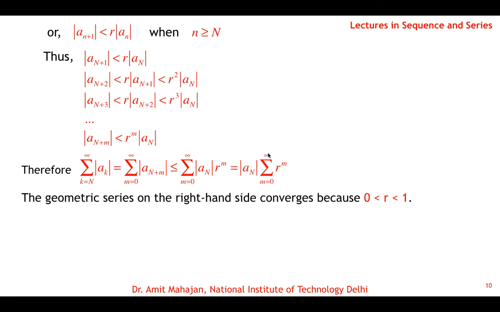And so this geometric series, by the geometric series test, converges if r lies between 0 and 1. And we already chose that r lies between rho and 1. So this is true, so this series is convergent, and because this series is convergent, and the series of k from N to infinity of the absolute values of a k is smaller than this, by the direct comparison test, this series of k from N to infinity of a k is also convergent.